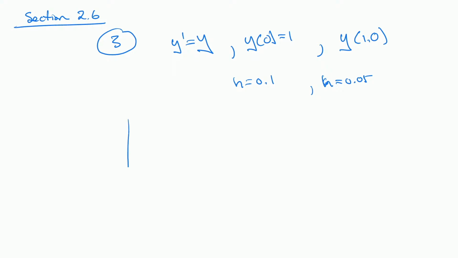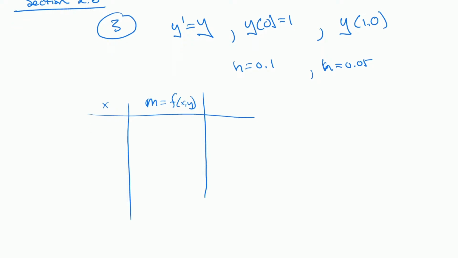So here's the deal: you're going to make a little chart, with x, then y, and then the slope, which is equal to the function, m equals the function xy.